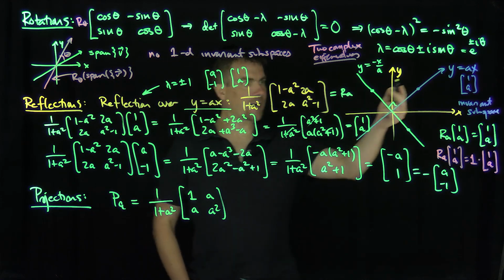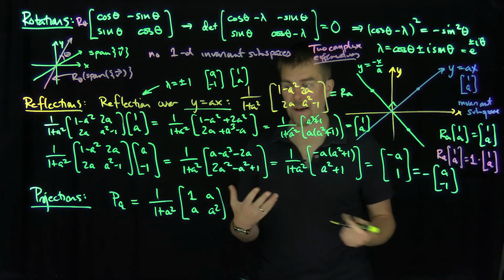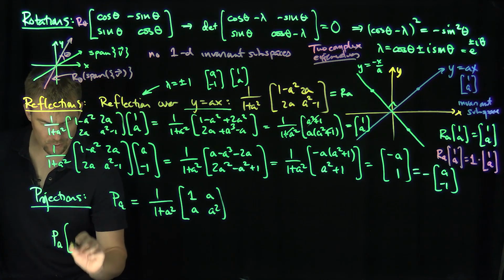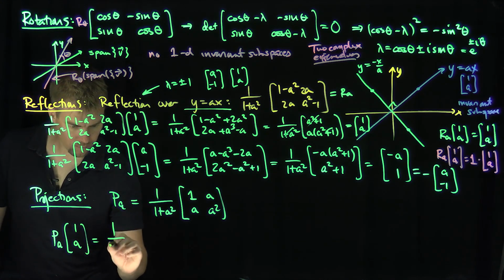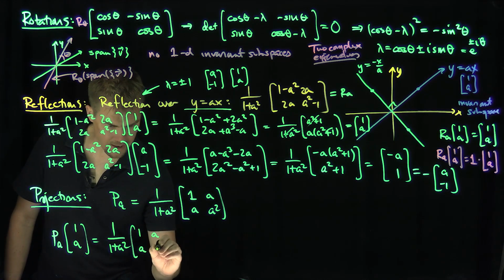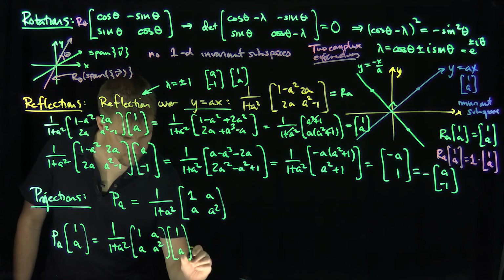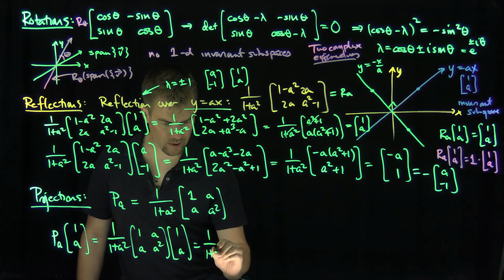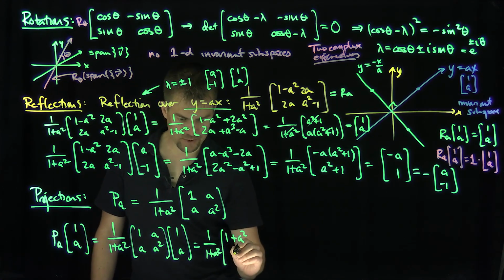Now, if I'm going to project onto this line over here, if I project onto the line y equals ax itself, nothing should happen, so I expect the same thing to happen over here. So let's consider PA applied to 1 and then a. So 1a will be 1 over 1 plus a squared, and then 1a squared. 1a is going to give me 1 over 1 plus a squared, and then a plus a cubed.